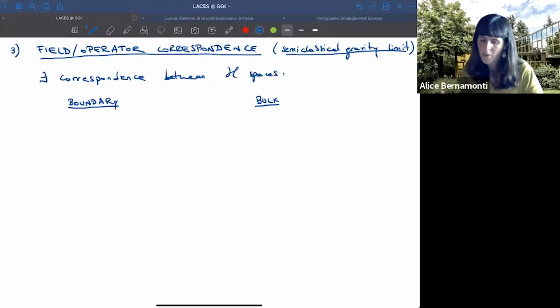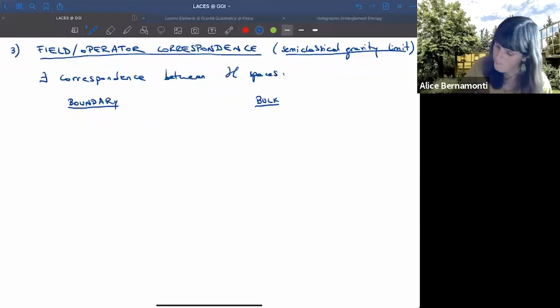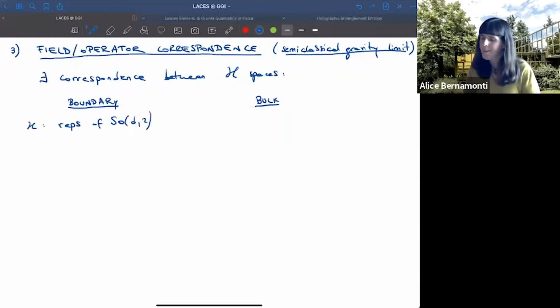The Hilbert space of the boundary conformal field theory is organized in representations of the conformal group SO(d,2). And from the bulk point of view, the Hilbert space is organized in representations of the isometries SO(d,2).